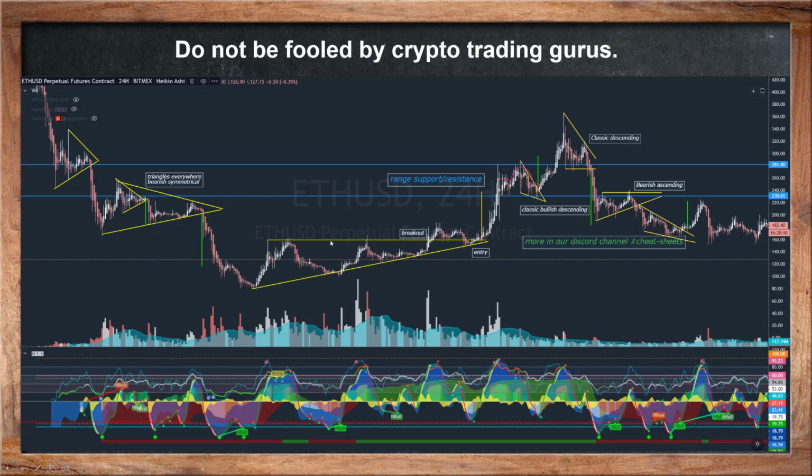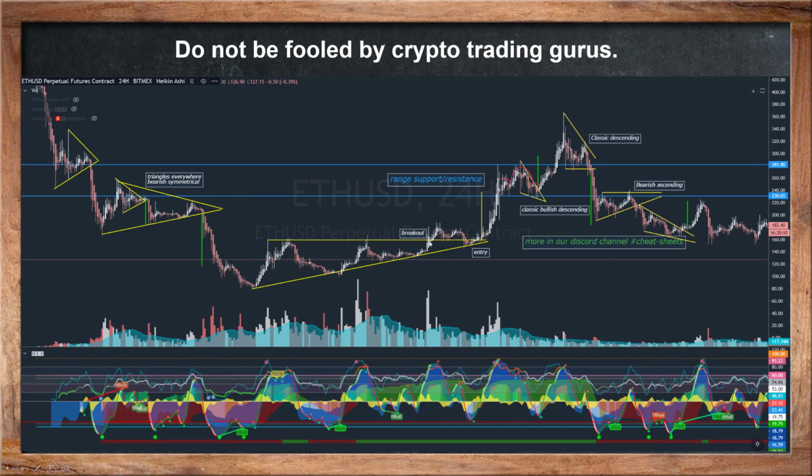On this breakout of this triangle, we can clearly see that was a volume spike. And this is essentially all you need to know, that this is a legitimate breakout. You also have your momentum indicator showing you positive signs. I'm not going to talk about this indicator now, but let's just say it is extremely bullish here in this picture.